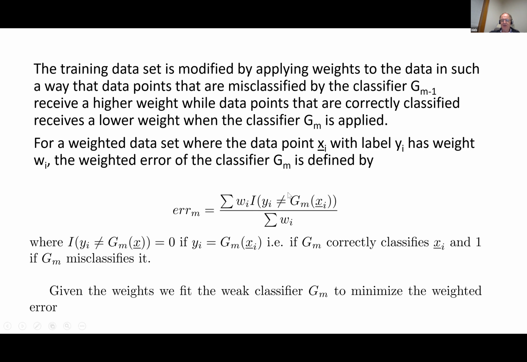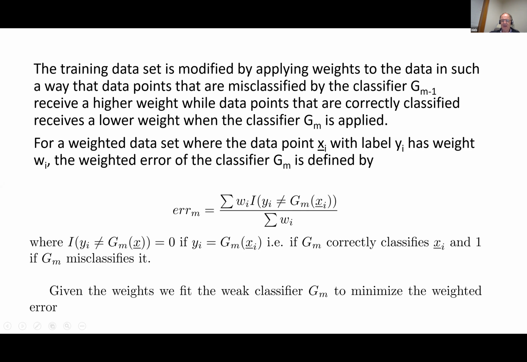We're not just applying this classifier G_m. This G_m is going to get some coefficient, and then it's going to be added to a sum of these classifiers. So G_m is not the new classifier. It's going to be added to the sum.